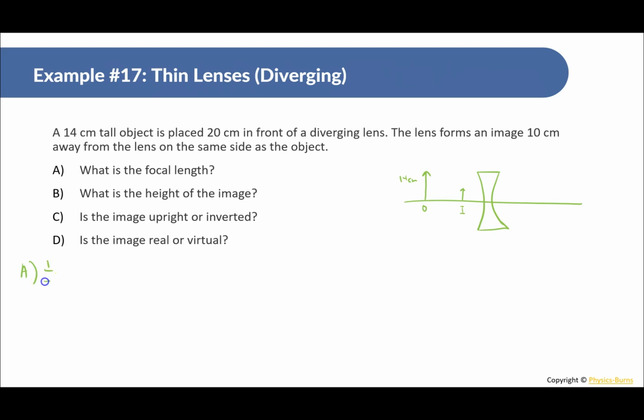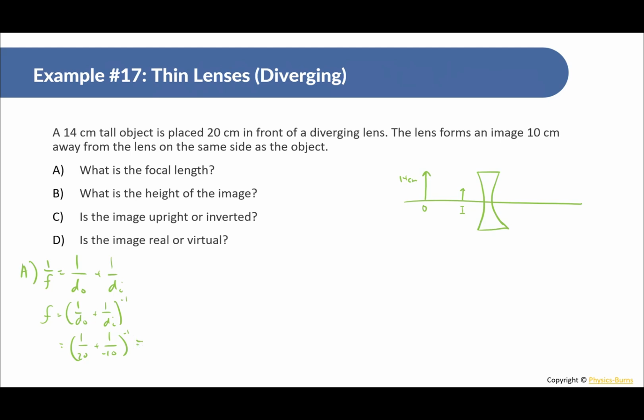Part A: 1 over f is equal to 1 over distance of object plus 1 over distance of image. And what do we look for? The focal length. So to find the focal length, we just have to find the inverse of this, raised to the negative 1. 1 over distance of object is 20 centimeters, plus 1 over distance of image, which is on the same side, so that's negative 10.